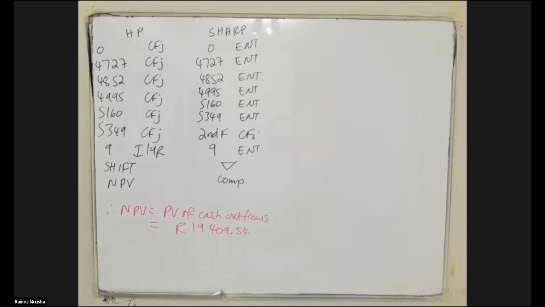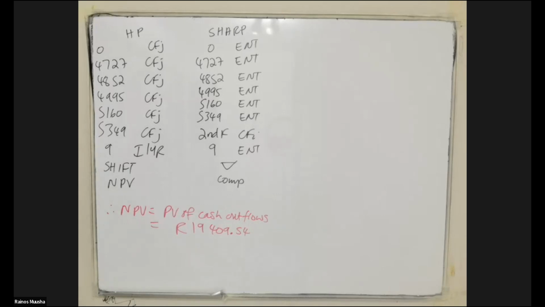Remember on the question they tell us that if we go the leasing route, the present value of the cash outflows is 13,316, right? And if we are to go the borrow and purchase route, our present value of the cash outflows is what? 19,409.54, isn't it? So in this case, we are better off going the leasing route, isn't it?